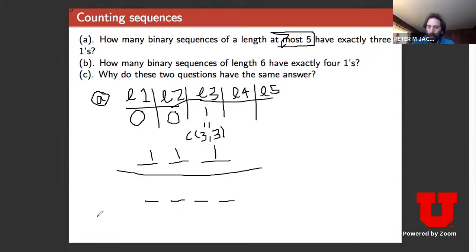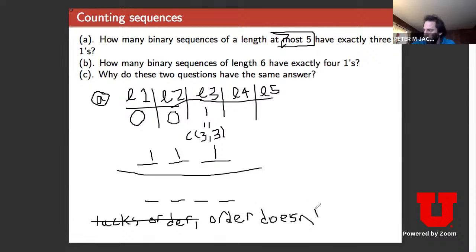So this is the type of selection that we've seen in class. According to the terminology from class, order doesn't matter here, and repetition is not allowed.